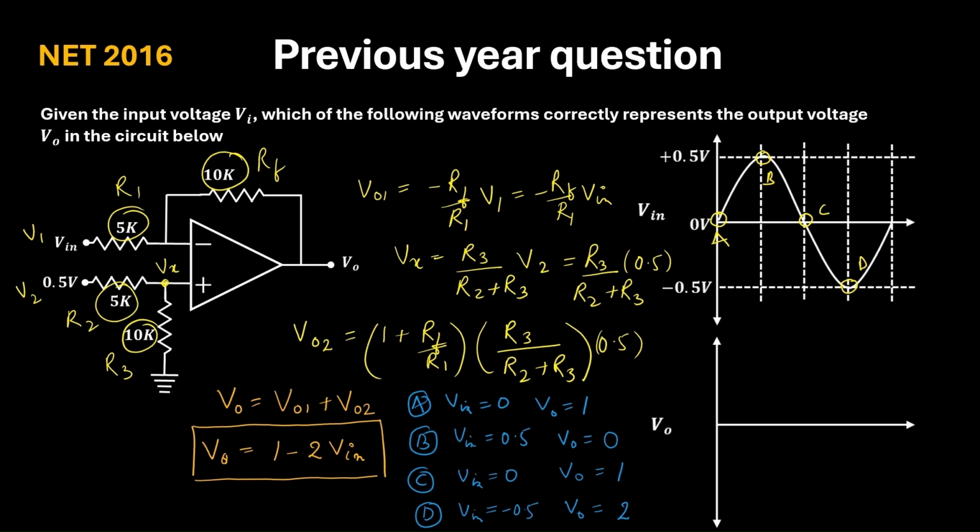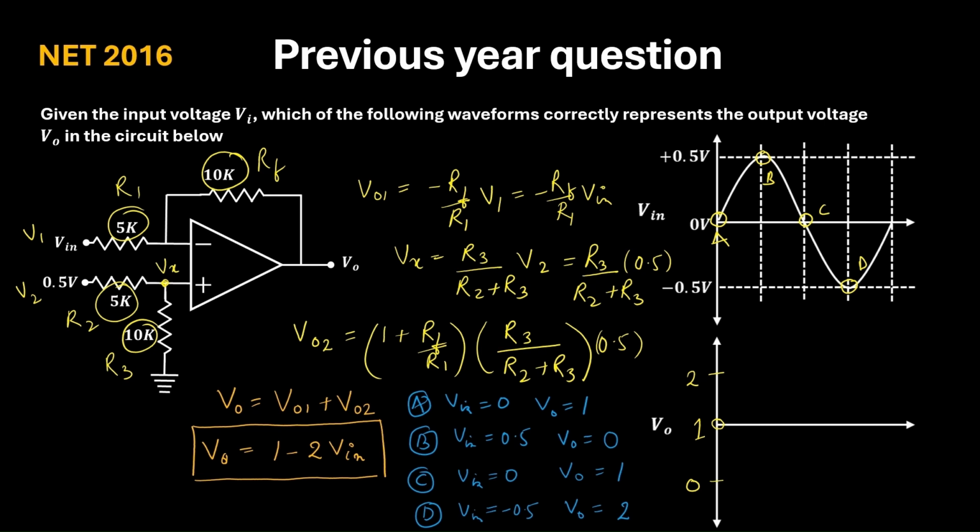Now, using this information, we can plot the graph. Suppose this is, let's say, 1 and this is 2 and this is 0. So at point A, the output will be 1.